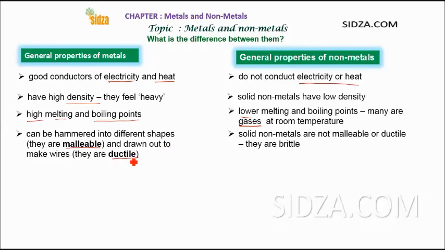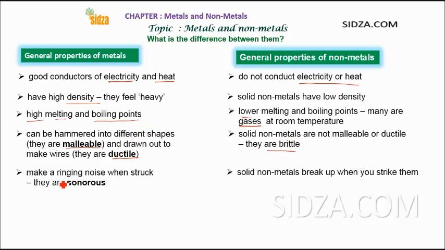Malleable means you can draw them into sheets or different shapes. And ductile means you can draw them into wires. Whereas non-metals are not malleable or ductile. They are brittle, the solid non-metals.